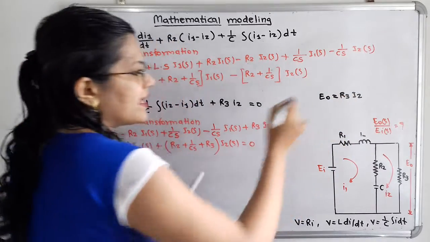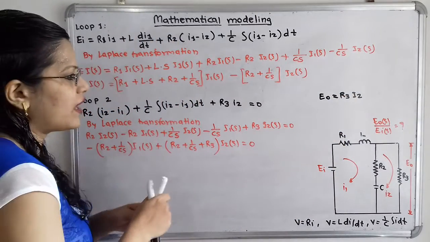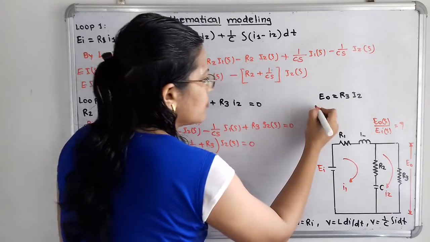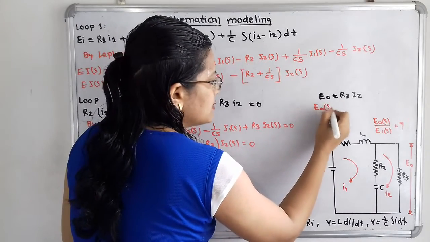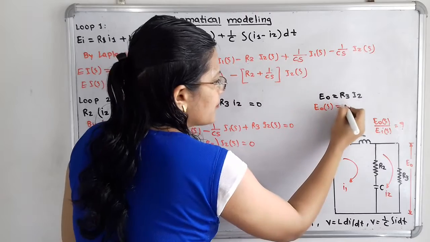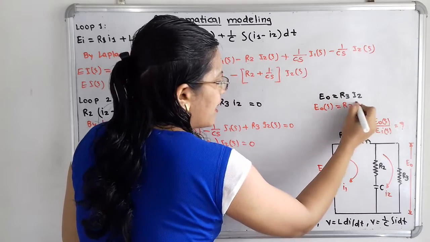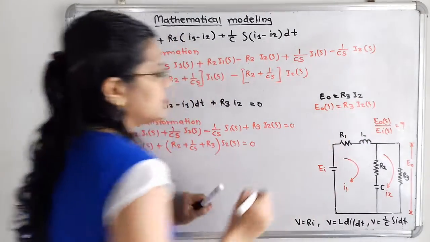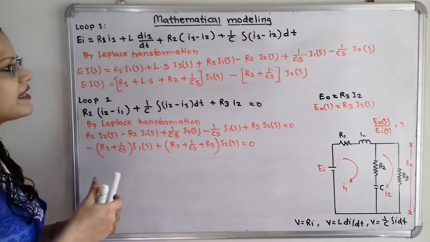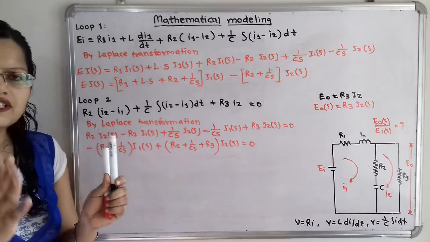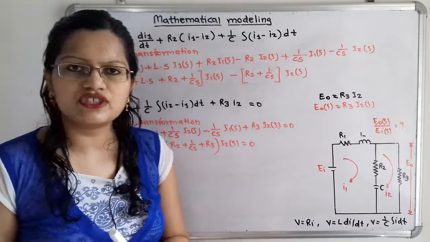Now how can we take the Laplace transformation here? I will take the Laplace transformation: EO of S is equal to R3 I2 of S. So this is the equation. Now the question is that we have to write the differential equation.